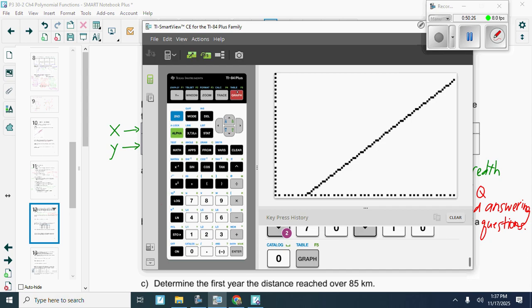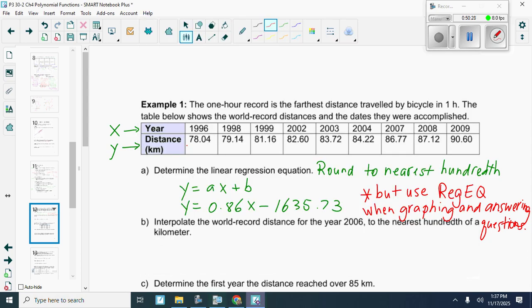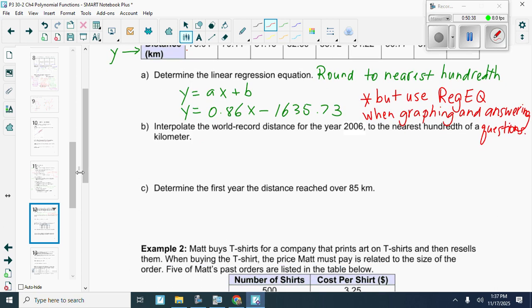So here's what happens. All of that work you put in your data points, we figured out, this is kind of like a summary. But when we answer the questions, for some of you, especially if you took 20-1 last year, a lot of you are used to substituting and solving it algebraically.